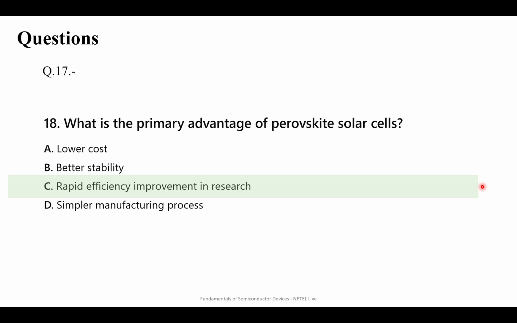So almost all the incoming photons result in electron hole pairs because there's no trapping. So their quantum efficiency is almost 100%. That is one of the primary benefits of using perovskites.